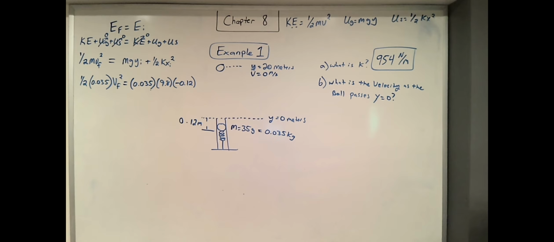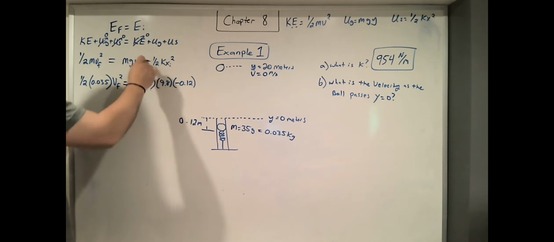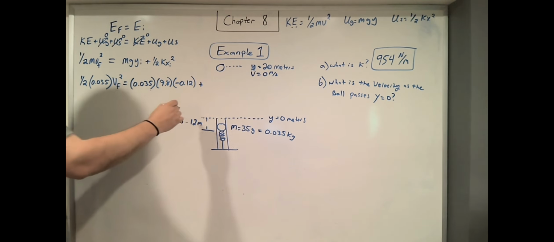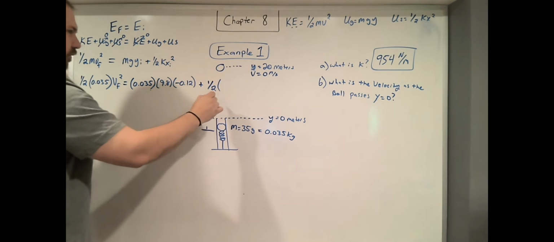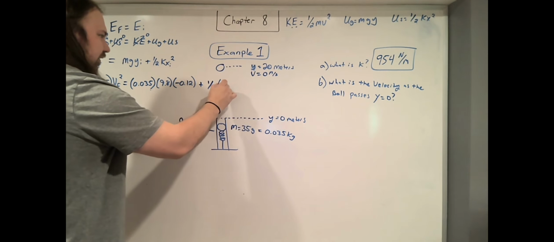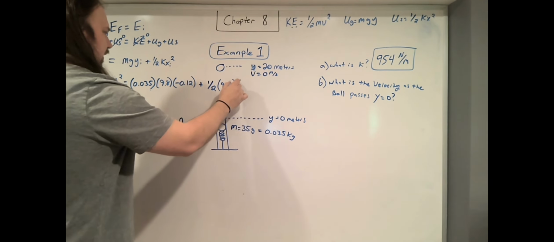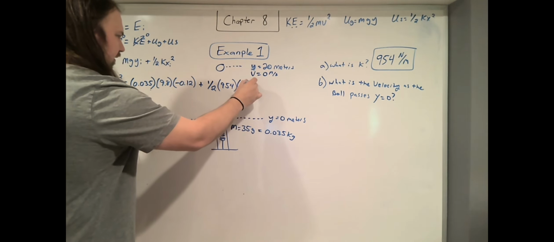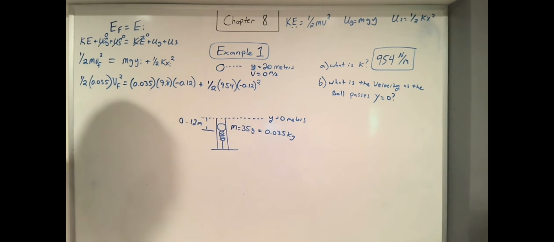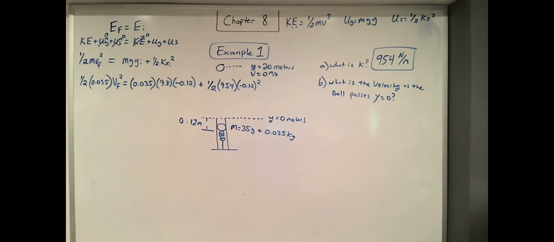Plus, I can probably add it on here this time, plus 1/2 the K constant. Ooh, good thing we solved for that. 954. And the x squared, again, the initial x, that needs to be squared. Okay. Well, looks like we have all numbers except for the v final squared. So let's go ahead and solve for it. Let's take 1/2 times the 0.035.